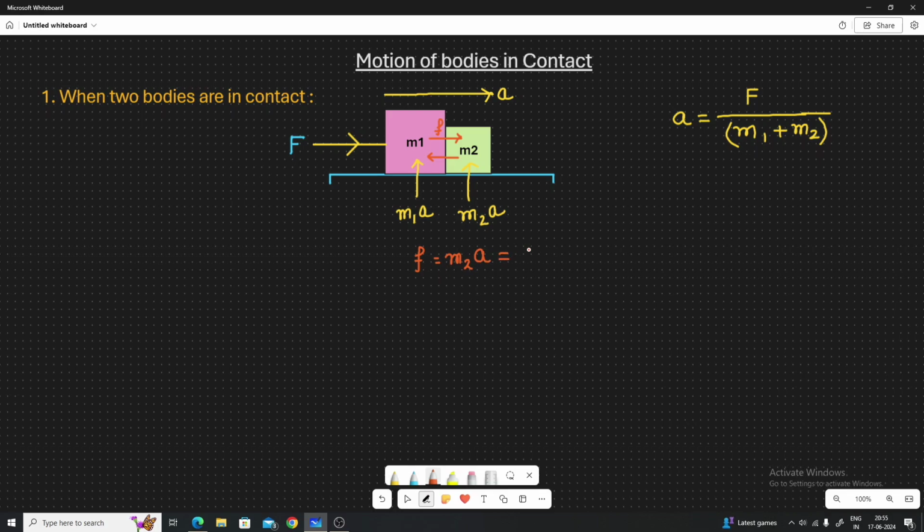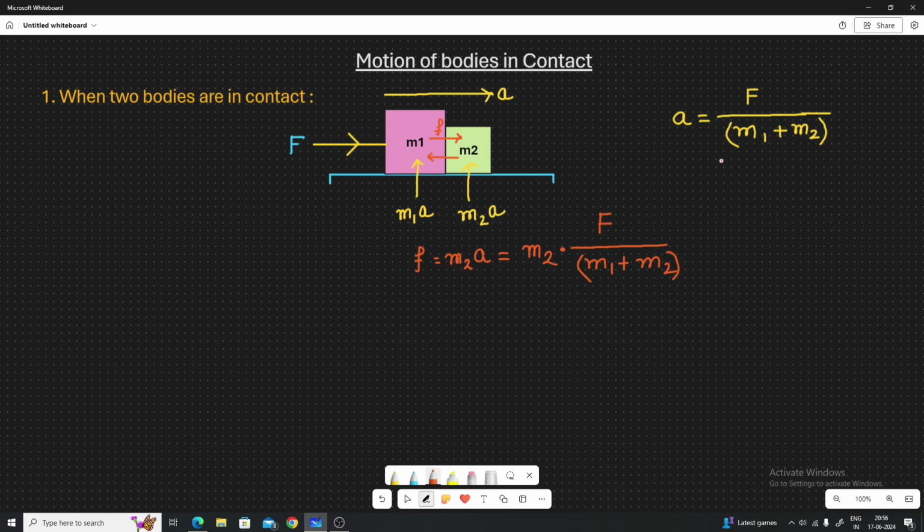So the force acting between these two bodies is F, that is m2 into a, which is equal to m2 into F divided by m1 plus m2. So if you are asked what is the force acting between these two bodies, this is the answer: m2 into F divided by m1 plus m2. And what is the acceleration?